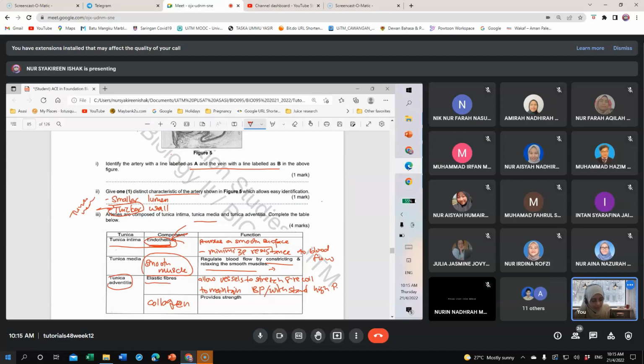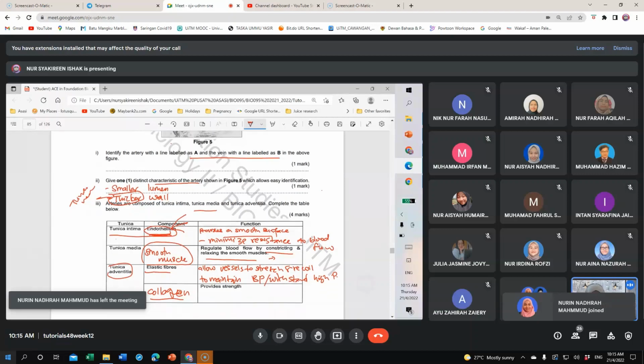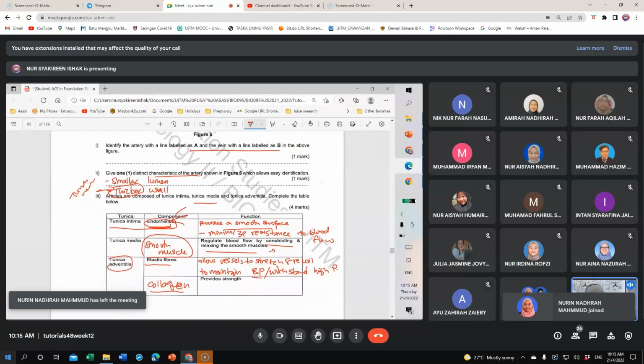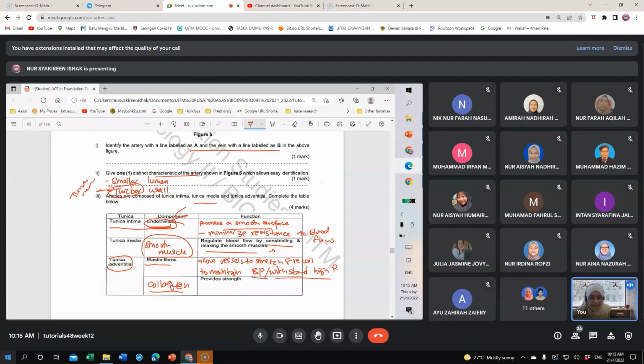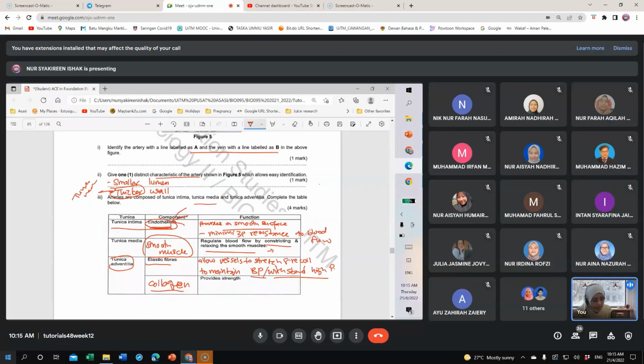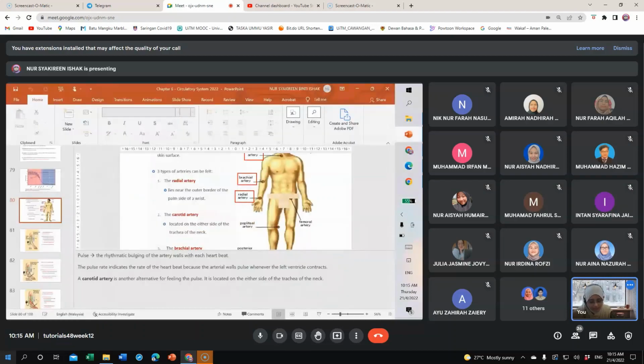Okay, and then tunica adventitia, you have the elastic fibers and also collagen. The function of elastic fibers is to allow vessels to stretch and recoil to maintain blood pressure and also withstand high blood pressure. Dia related lah kan. So elastic fibers, if you look at your notes, sebenarnya elastic fibers ni dia dekat tunica media.